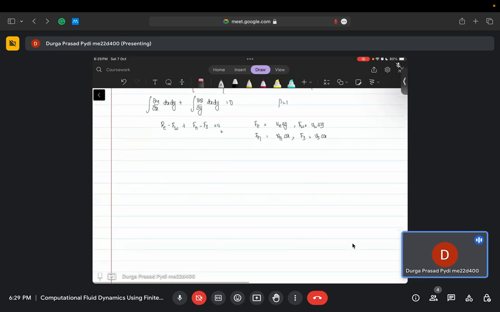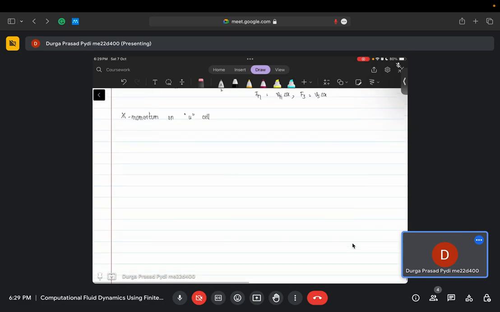The continuity equation is straightforward, but we don't use it directly. So the next step is where things get slightly different. We discretize the x momentum on the U cell. So this is my P cell. This is my east face. This is where my u velocity is stored. This is my east.